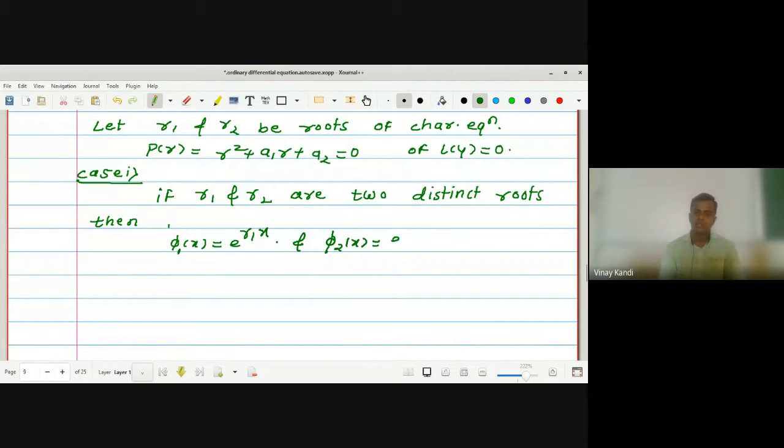These are solutions of L of y is equal to 0.